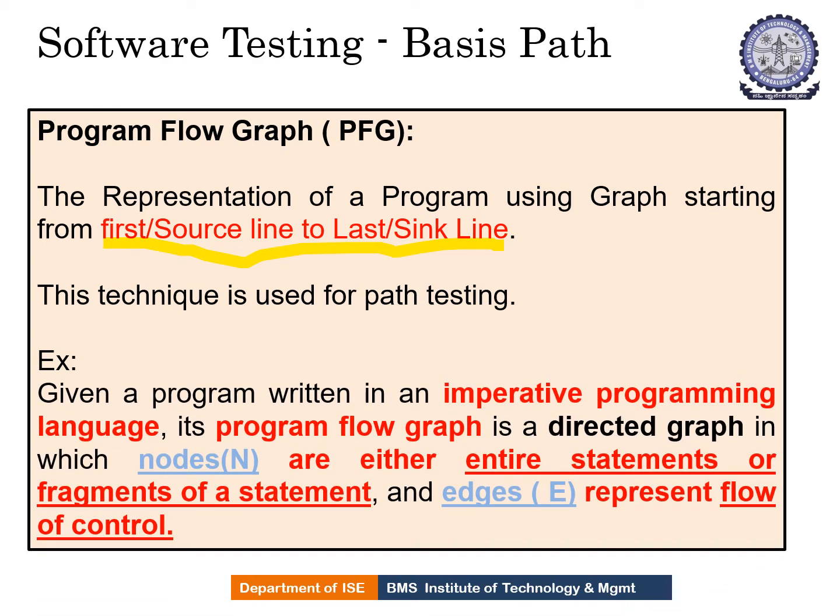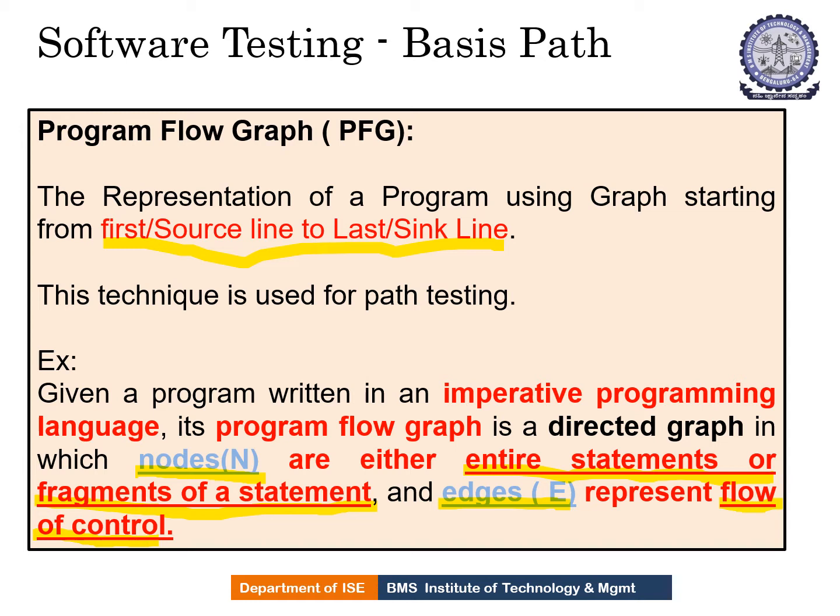Given a program written in an imperative programming language, its program flow graph is a directed graph in which nodes are either entire statements or fragments of statements, and edges represent flow of control.